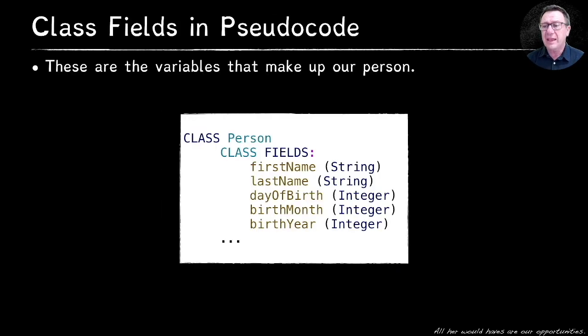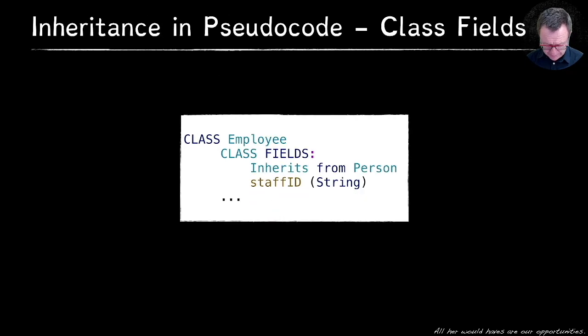So, how do we go about constructing it? We've said class person, and I've said class fields, and there we have the class fields listed. Pretty straightforward when it comes to class fields in pseudocode. Inheritance: class employee, class field, and I've said inherits from person and staff ID and string.